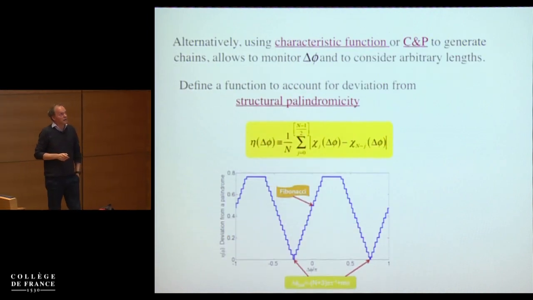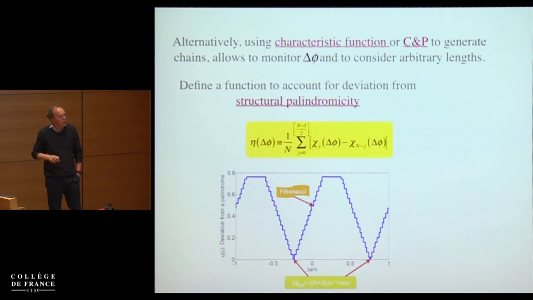Alternatively, if we use the characteristic function or the cut-and-project method to generate the chains, then we can also monitor delta phi and consider chains of arbitrary lengths. So now I define a parameter that accounts for structural palindromicity. If it is 0, the way it is defined, we are palindromic. If it is non-zero, we are not palindromic. And this is this parameter as a function of delta phi.